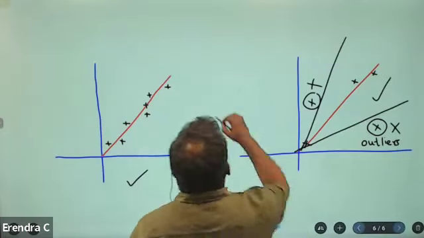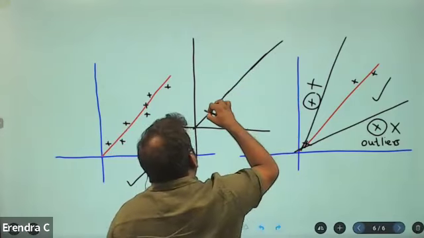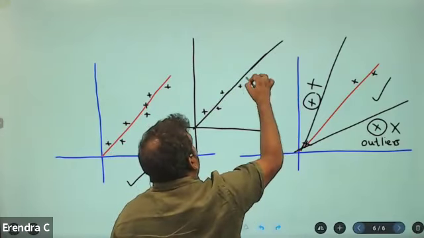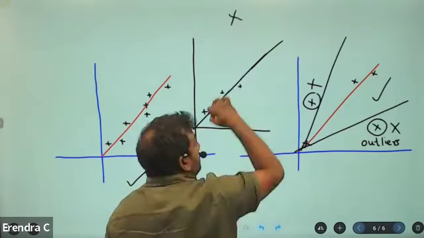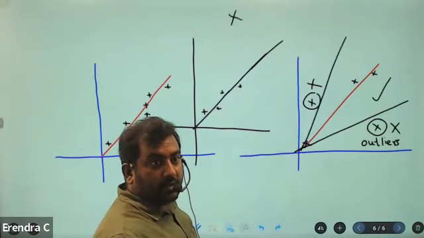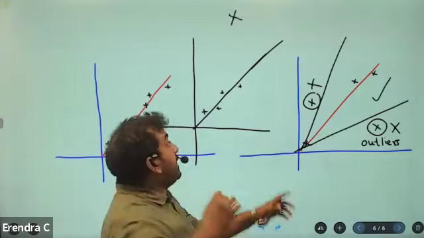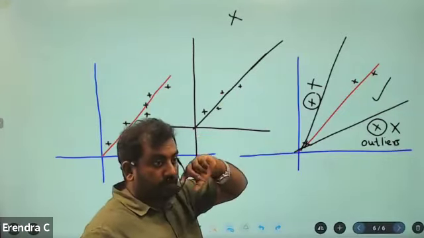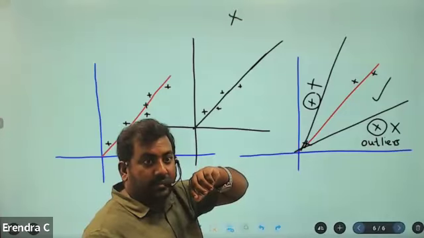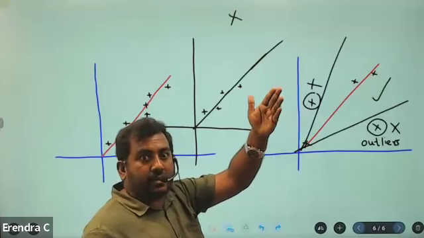Imagine you have a graph like this. Here, uniform. One fellow is here. Actually, when you are doing the experiment, you must also explain why that occurs. Yes, you have outliers, but why do we have it here?